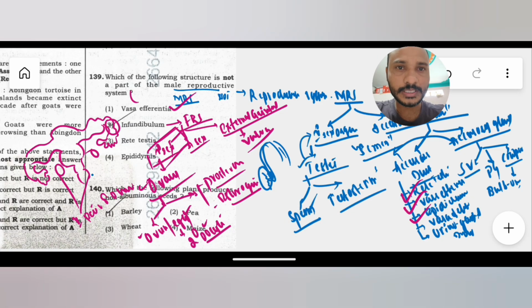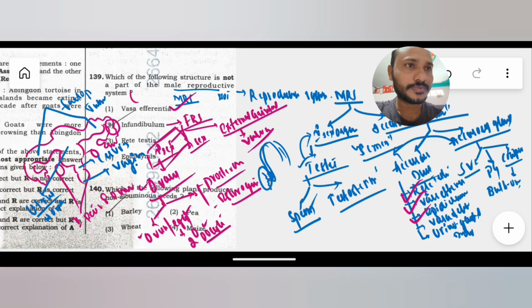One pair of ovary, and this region is the fallopian tube, and here the most important part, the uterus or womb, and below the uterus we have the cervix region, and this is our vagina. So like that we have different parts in the female reproductive system.